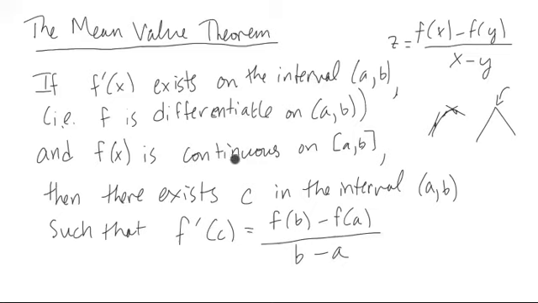Now, we also require that f of x is continuous on this interval. What does that do? That ensures that on the interval we don't have something like a hole, or something funny like this going on at a and b, because we want f of b minus f of a to really be the displacement of the function f, so that the integral of its derivative gives us what we want in the average calculation.